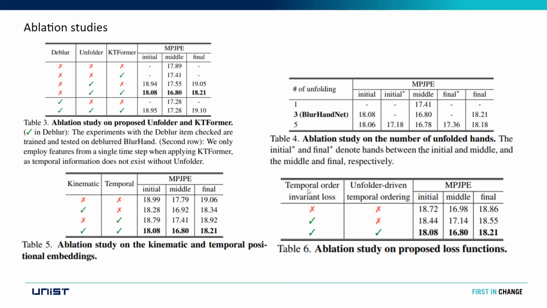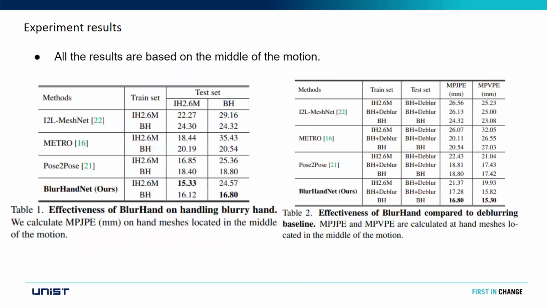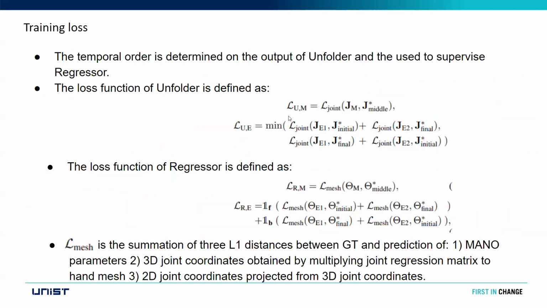And then they do not use the unfolder-driven temporal ordering. They use it for the regressor. So basically here we use temporal order on the output of the unfolder, but this time they use temporal order on the output of the regressor rather than the unfolder. So the unfolder works its own way, the regressor works its own way.